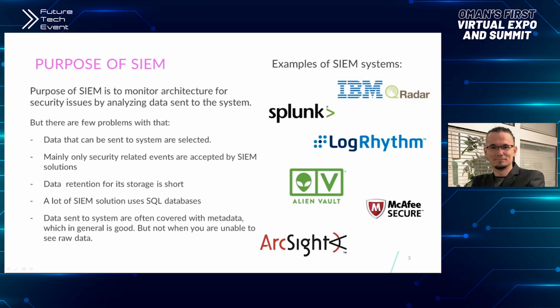And finally, data inside SIEM solutions is often covered with metadata. Now, what do I mean by saying metadata? It is that as the information goes through the SIEM, it is given additional categorization and fields that were not originally in the event.